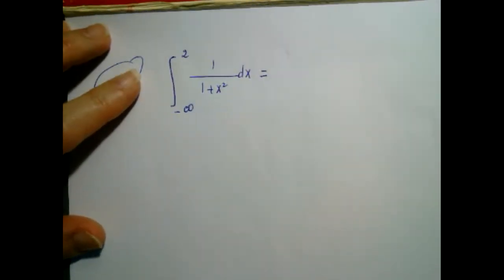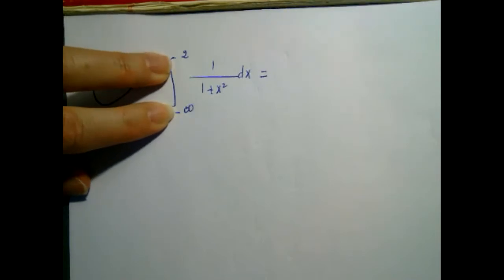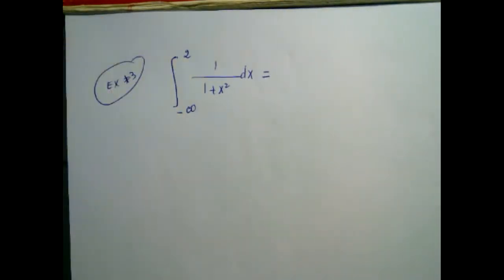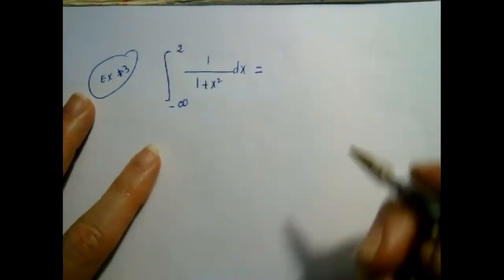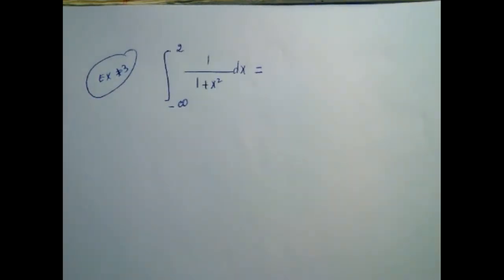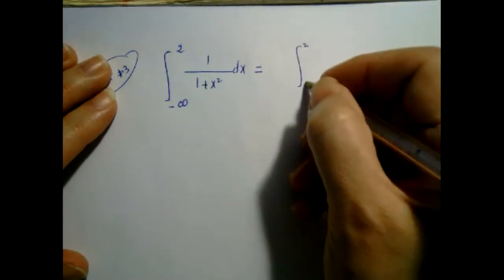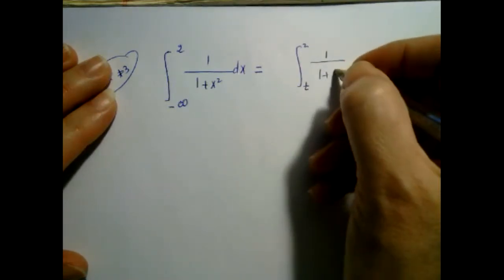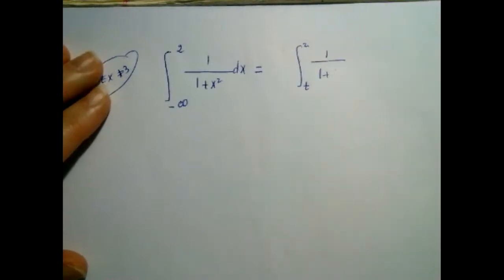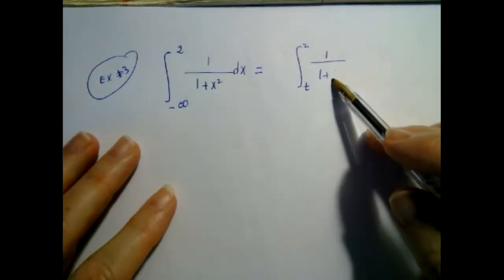All right, who would like to tell me? So that's improper because the domain of integration is infinite. So what's the setup? Isn't it upper limit 2, lower limit t, 1 over 1 plus t squared dt? Why don't you put t inside?